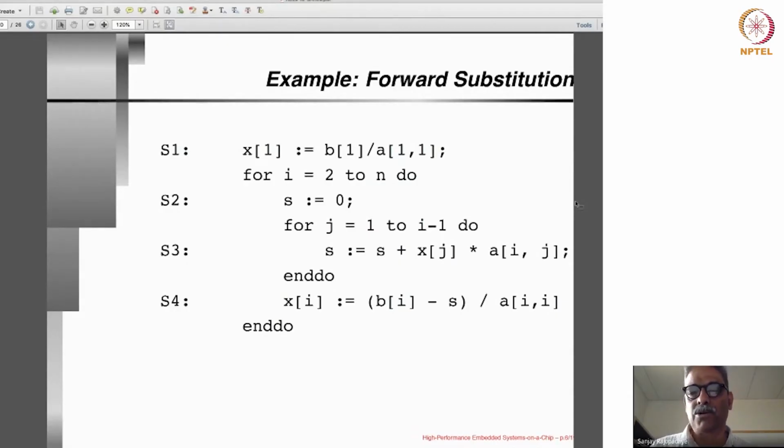Okay. So when you want to look at some instance of statement S3 and some instance of statement S2, S3 is indexed by i and j, S2 is indexed by i, and you really want to look at the relative orders between i of S2 and the i of S3.